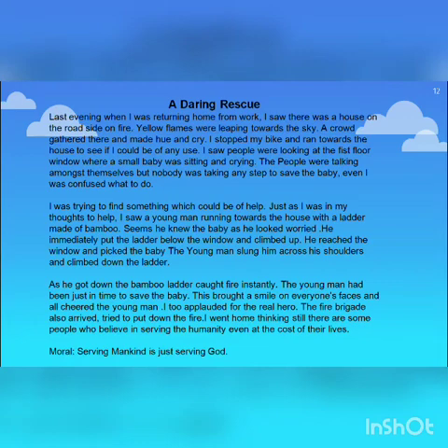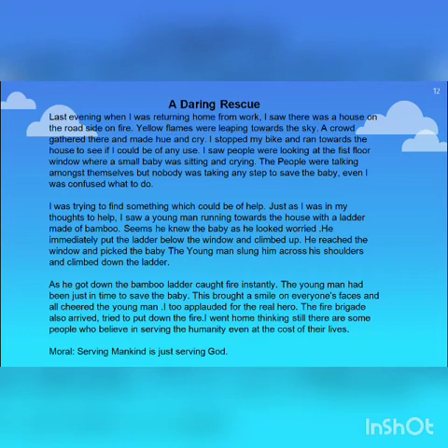I saw people were looking at the first floor window where a small baby was sitting and crying. The people were talking amongst themselves, but nobody was taking any step to save the baby. Even I was confused what to do. I was trying to find something which could be of help.